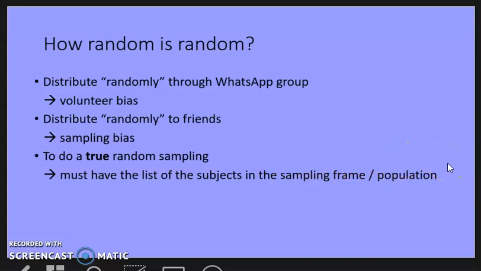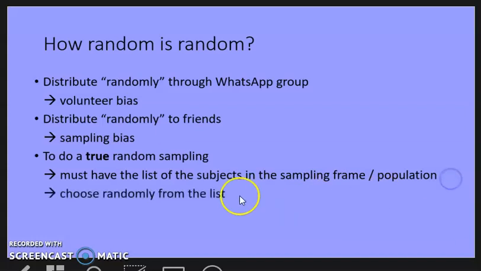For example, someone wants to do a study among students in IIUM Kuantan campus. In order to do random sampling, they need to have the list of all students in Kuantan campus, and then they choose randomly the subjects to be included in their study.